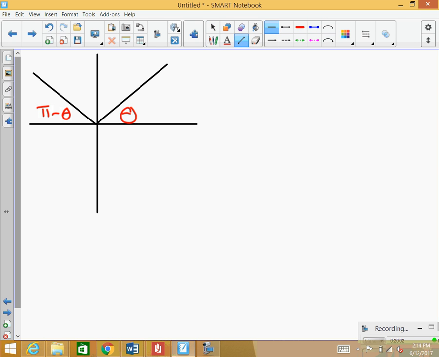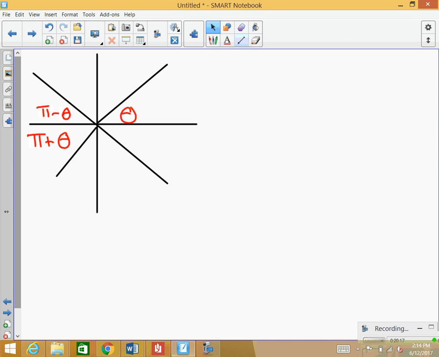If it's in this quadrant here, it's going to be pi plus the angle. And if it's in the fourth quadrant, it's going to be 2 pi minus whatever the angle is. So we have to figure it out from there.